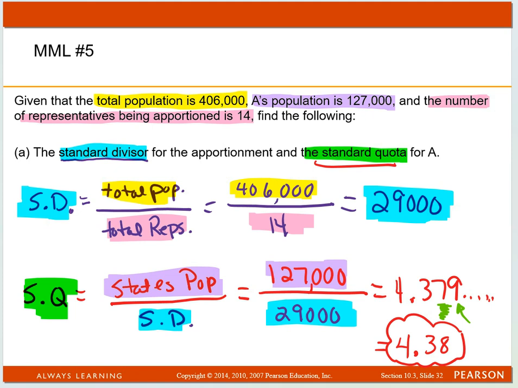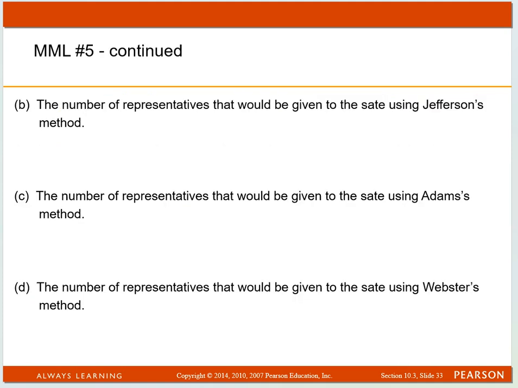So that's part A. And then when I go to part B, it says the number of representatives that would be given to the state using Jefferson's method. And keep in mind that our standard quota, the SQ, was 4.38.